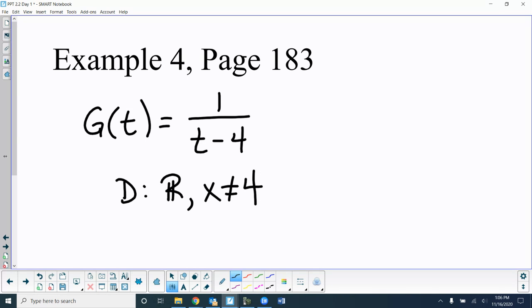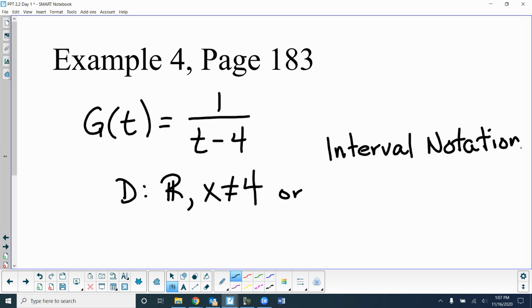Or if it said to put it in interval notation, that's when we're using parentheses or brackets. We did some of that at the beginning of the year. All right. So if I had to show this domain, all real numbers but 4, it would look like this.